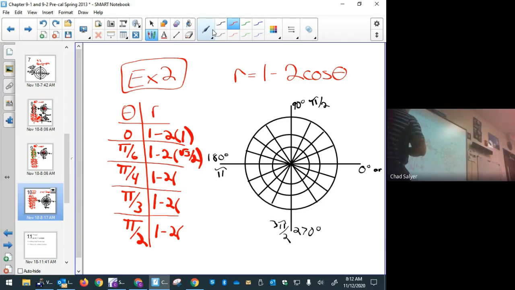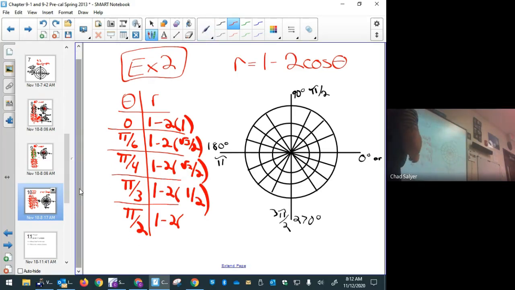What about the cosine of pi over 4? Radical 2 over 2. What about the cosine of pi over 3? 1 over 2. Good. Wanted to see if you went to sleep after I asked you one. You never know where I'll go next. What about the cosine of pi over 2? 0.